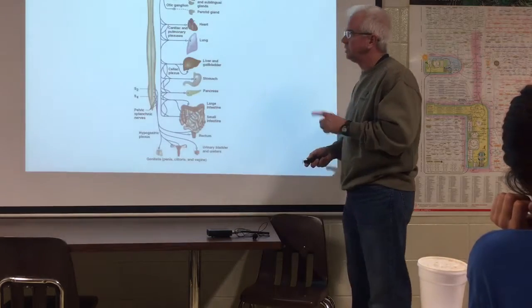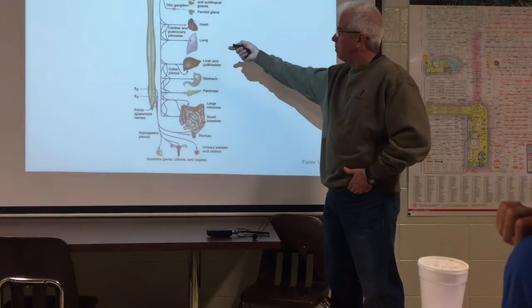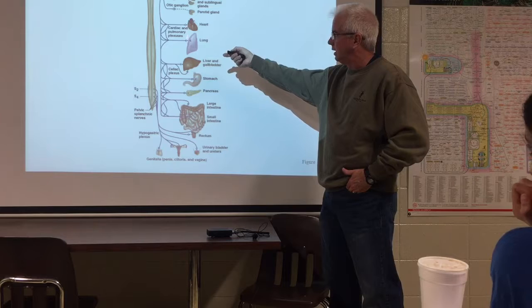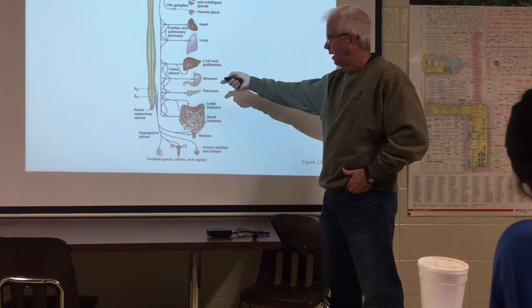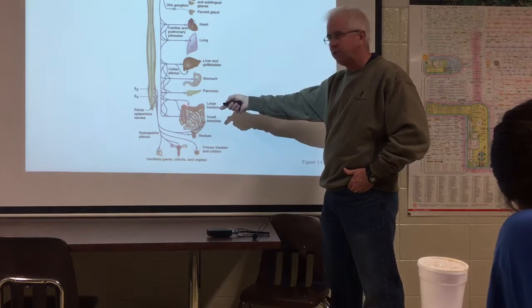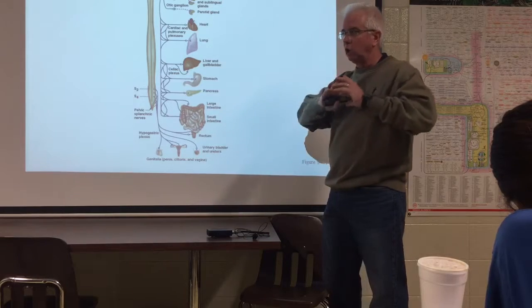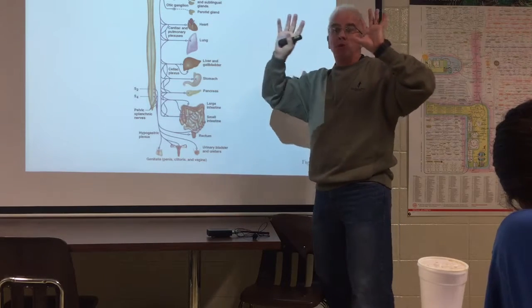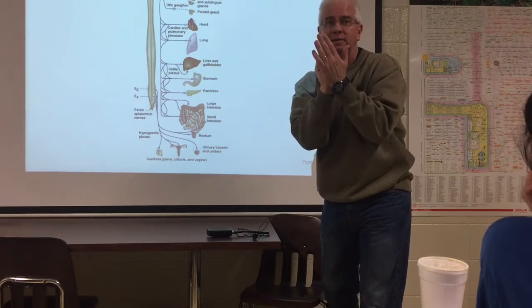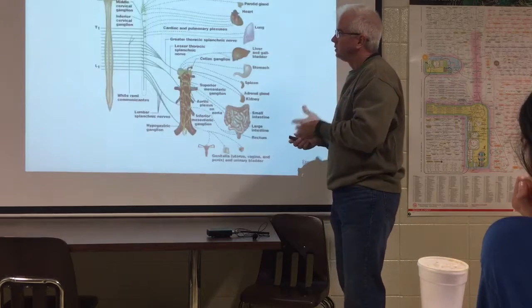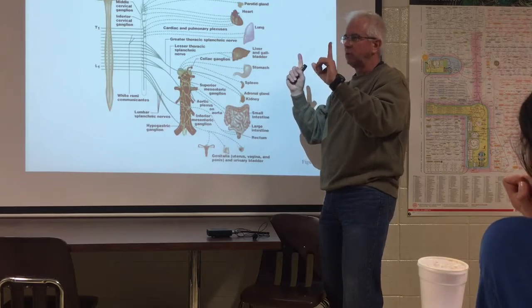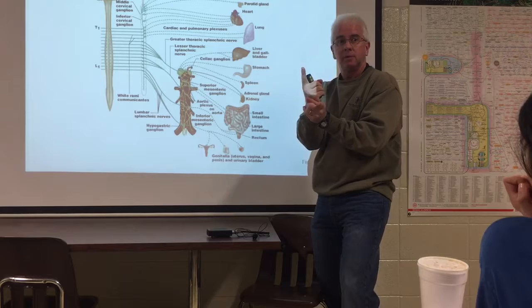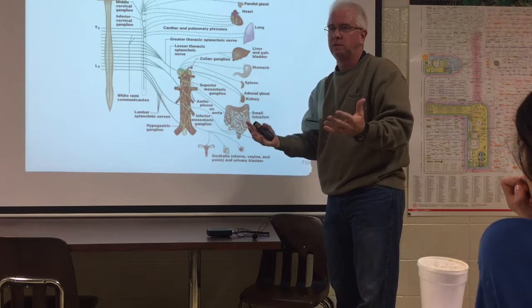Remember, in the parasympathetic nervous system, the model is the ganglia are located at the target. So you have a long projection out to the ganglia, and when you get to where you're going, you make a synapse. The general rule for sympathetics is you come off the spinal cord, go a short distance, and make a synapse. But there are exceptions to that.